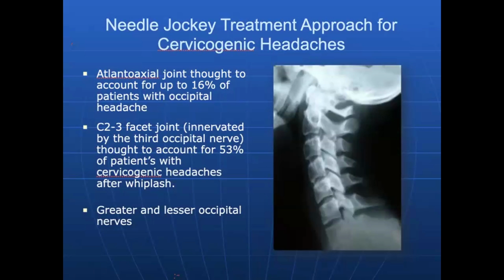And like I said, this is a very common cause of cervicogenic headaches after a whiplash type injury. Off of that third occipital nerve, you have these greater and lesser occipital nerves. These are the nerves that run up the base of your skull. And those can be targets for interventions as well. So these are various nerves that I can target with my interventional treatments.